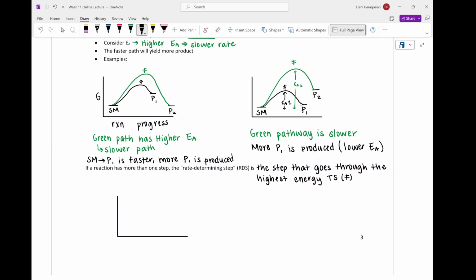We use that symbol for transition state. So let's do an example of a two-step reaction.